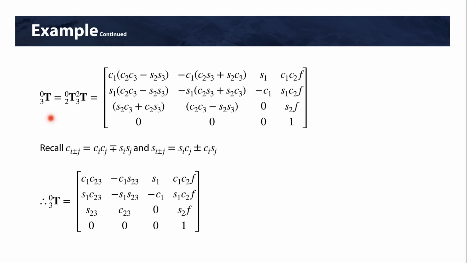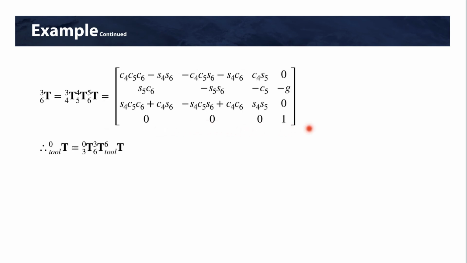You then go to describe frame 3 with respect to frame 0. You would get this. If you see patterns like this, you can recall our trig identities we can use here, and we can substitute those in. Because joints 2 and 3 are parallel, that's why we can do this. And we get this more simplified version for the description of frame 3 with respect to frame 0.